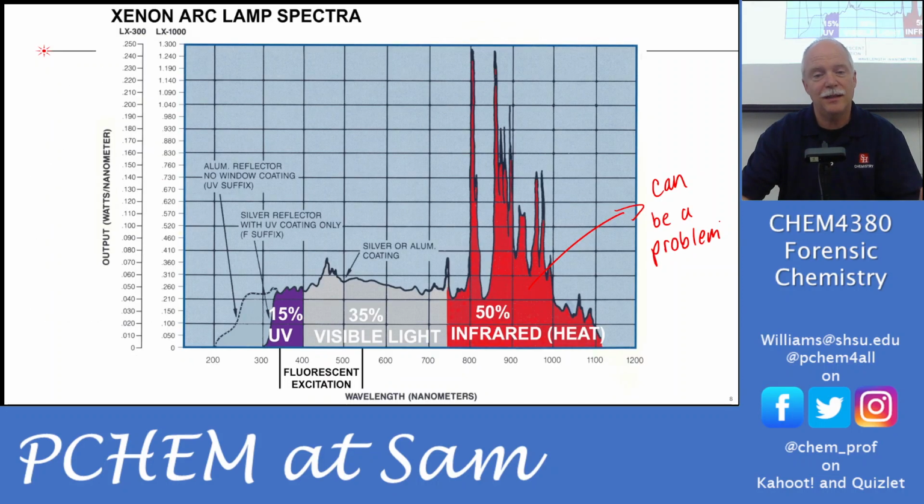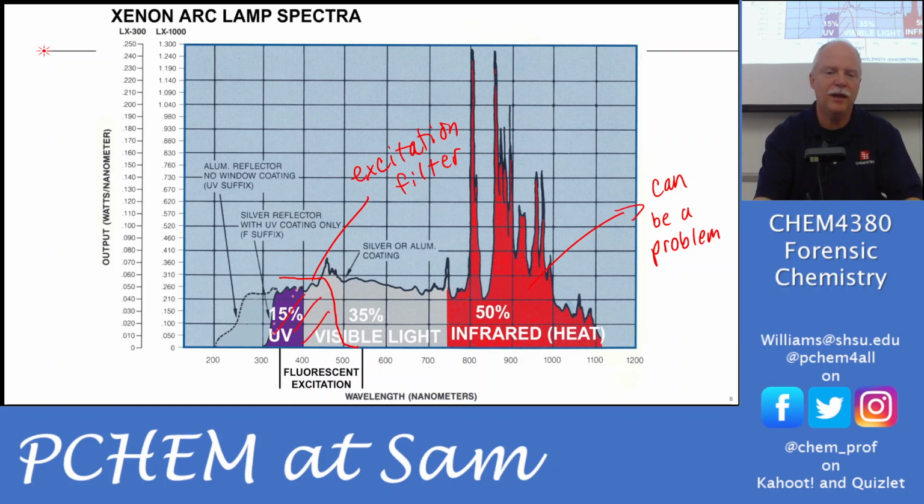The nice thing about this light is it's all wavelengths, so you can use filters to pick your wavelengths. Since it's pretty flat in the visible, you could have a filter that passes this amount of light here, and that would be your excitation filter. So only this amount of light is hitting your sample.